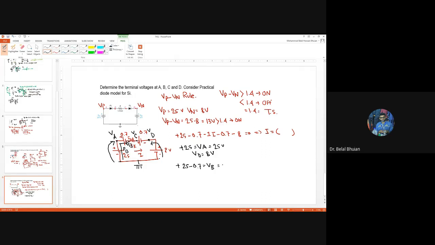So that means we get VB is equal to 24.3 volt. So with respect to ground, if I measure this terminal voltage, I'm going to get 24.3 volt.